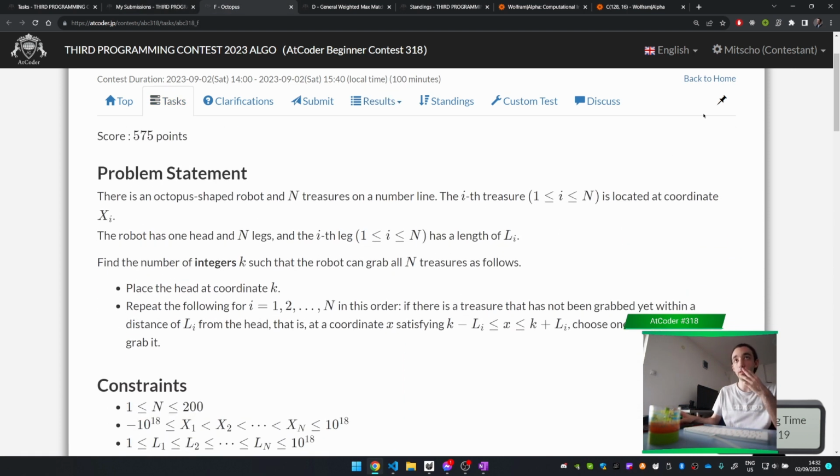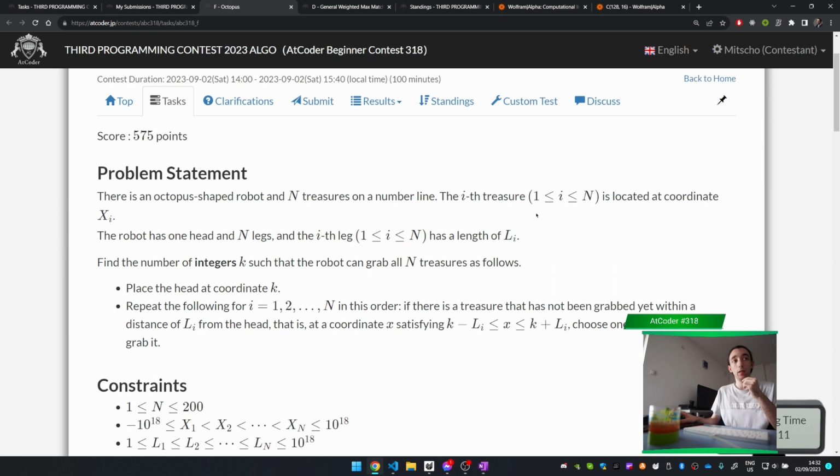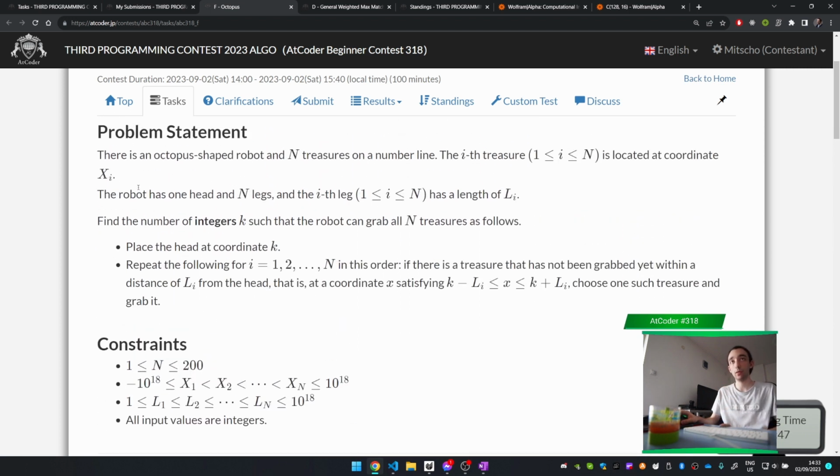Okay, so F, what is F? There's some octopus-shaped robot with n treasures on a number line. The ith treasure is located at xi. The robot has 1 head and n legs, that's a length of li. So there are some locations of the treasures, and then the robot has 1 head and n legs. The ith leg has some intervals.